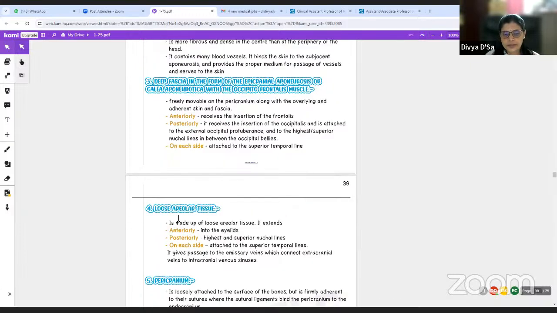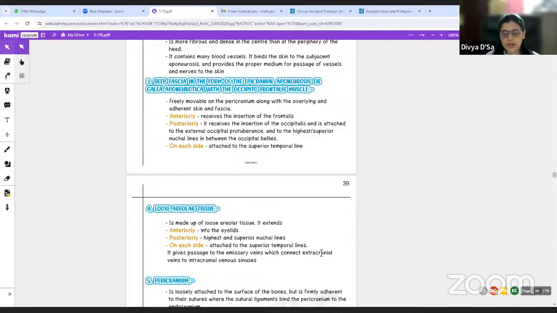Then the fourth layer is called the loose areolar tissue layer. So this layer is made up of loose areolar tissue. Anteriorly the scalp has no bony attachments. So that is why it extends, along with the layers of the face, into the eyelids. Posteriorly, it is attached to the highest and superior nuchal lines. And on each side, it is attached to the superior temporal lines.